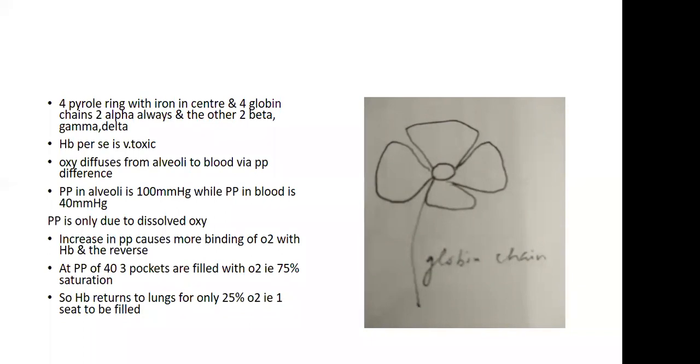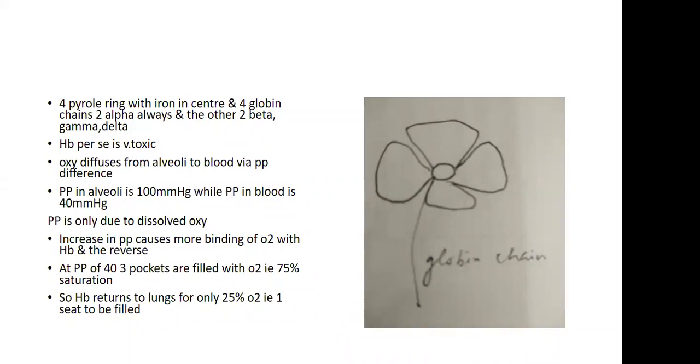So 4 pyrrole rings, if all are oxygenated, it means 100% oxygenation. Everyone gets 25% share. So when we say that hemoglobin is fully saturated 100%, it means all the 4 seats are occupied by the oxygen.